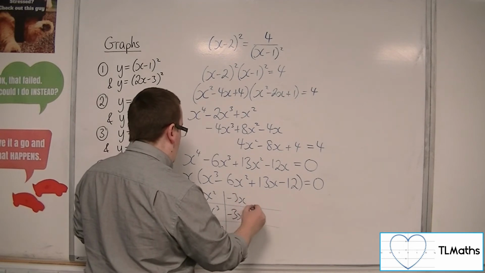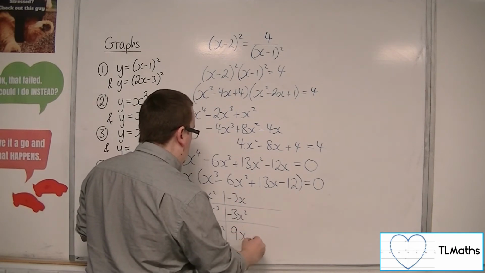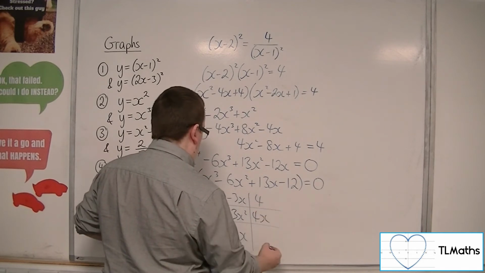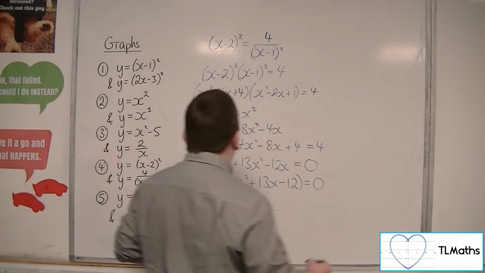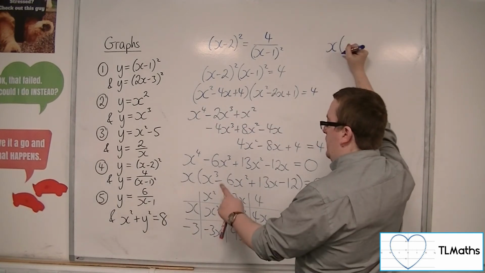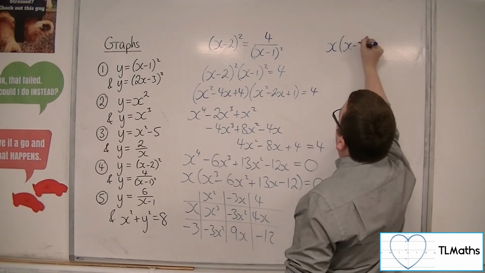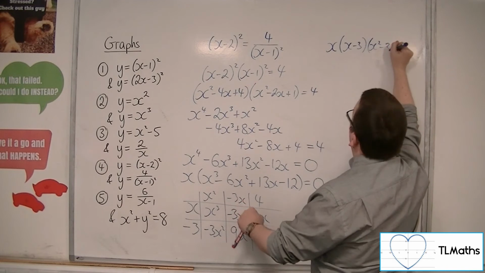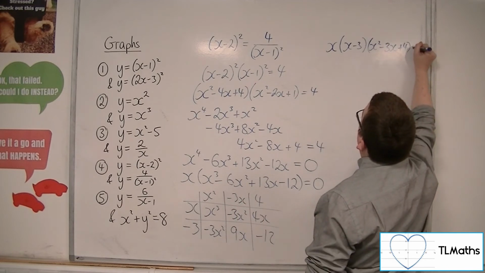So minus 3x, 9x. We want 13x, that's got to be 4x. That's got to be 4, that would have to be minus 12. So that means that we now have x times x minus 3 times x squared minus 3x plus 4 equals 0.